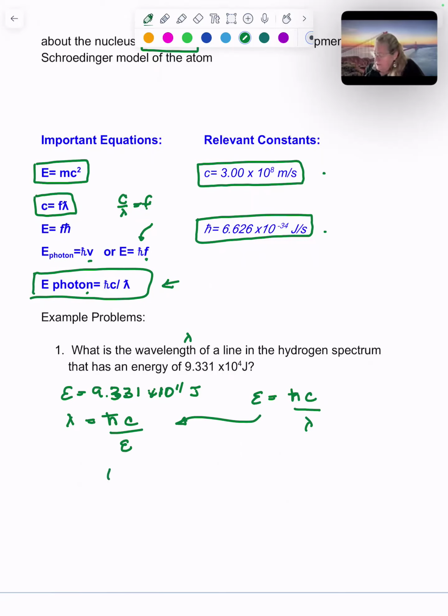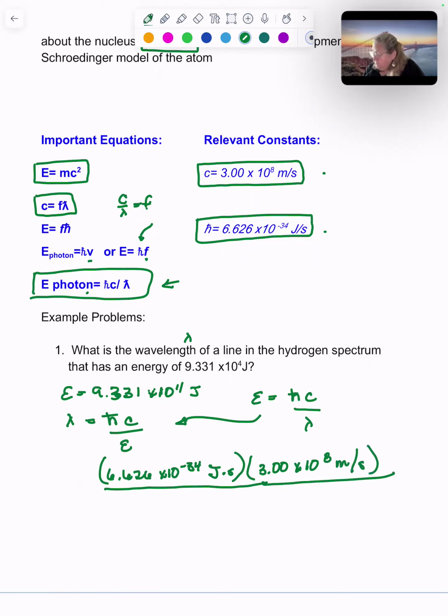Planck's constant, 6.626 times 10 to the negative 34 joule seconds, times my speed of light, 3.00 times 10 to the 8th meters per second. And I want to divide that by the energy, 9.331 times 10 to the fourth joules.